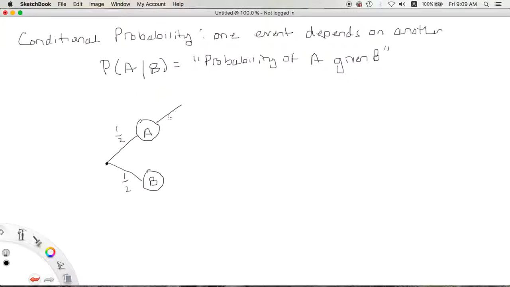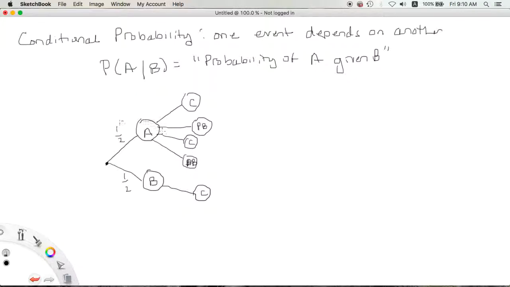Now within the jars, jar A has 4 cookies in it. We've got a chocolate chip, we've got peanut butter, and we've got another chocolate chip and another peanut butter. Now if we pick jar B, there's only one option. We've got a chocolate chip.